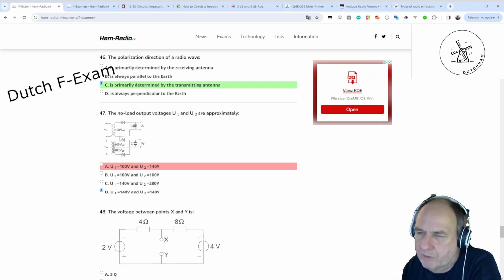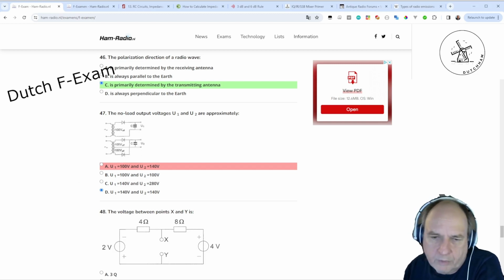For a square wave, square root of 2 times 100 is 140 volts. And here it will be the same, only the capacitor will be charged sooner than in the other case. So that makes sense. It's both 140 volts.